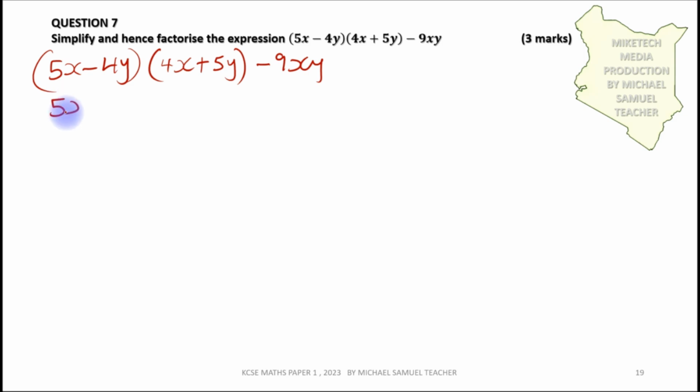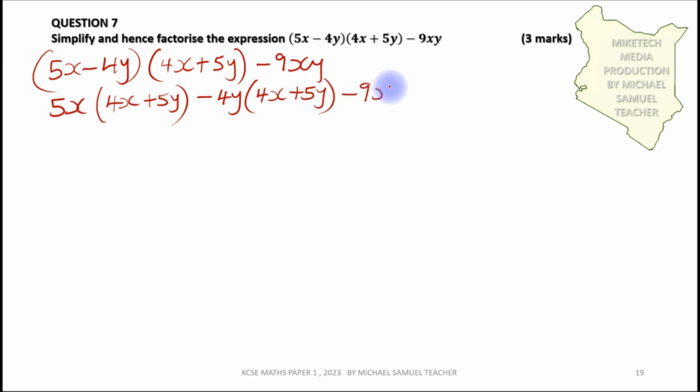So I have 5x multiplied by what is in the second bracket, which is (4x plus 5y), then minus 4y multiplied by (4x plus 5y), then minus 9xy.